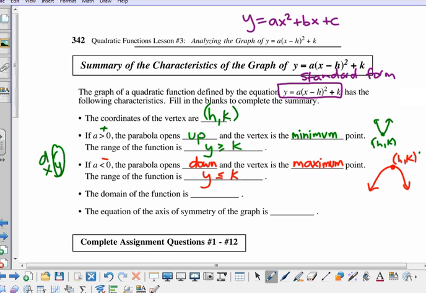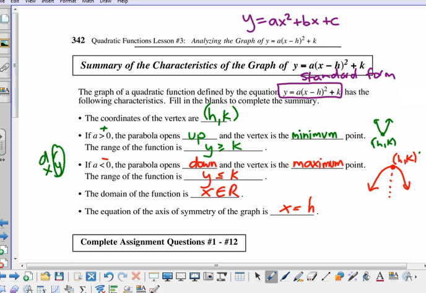And the domain for both would always be x is an element of the reals. And one last thing, the axis of symmetry on the graph is x equals which one? What's the h value in there? X equals h. That would give you your axis of symmetry.